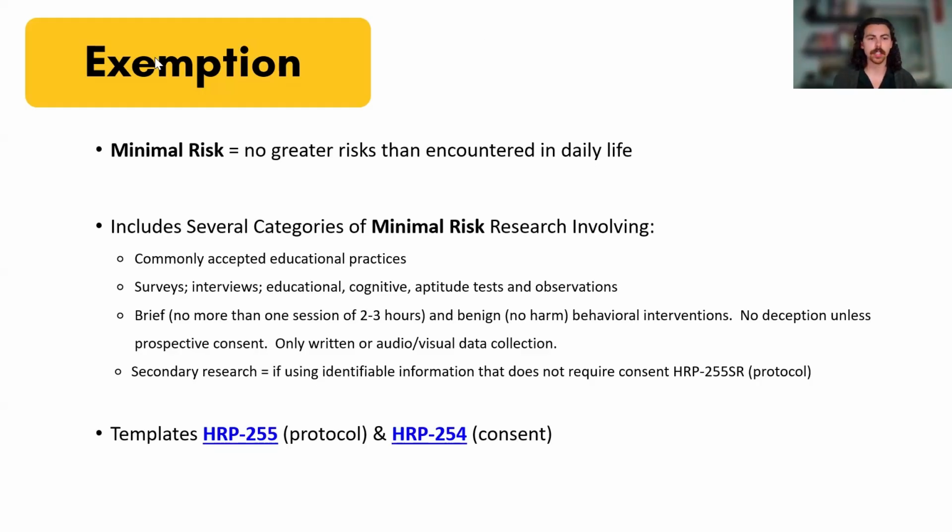You're actually in the exemption category, and we do have a specific form for research that fits this category of identifiable information, and it's the HRP 255 SR, meaning secondary research. For all other exempt studies, you'll complete the HRP 255 for your protocol and the HRP 254 for your consent form. Once again, we're going to talk more about that once we get through these review levels.